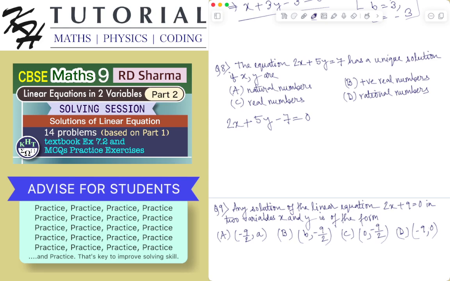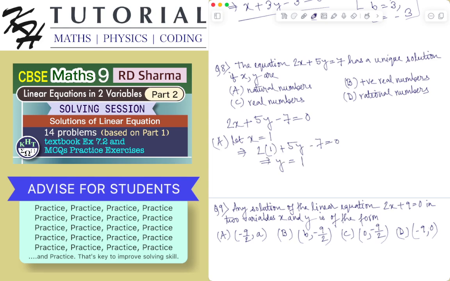Let's say x = 1. 1 is a natural number. This will imply that 2 × 1 + 5y - 7 = 0. Solving for y, we will see that y is coming out to be 1.